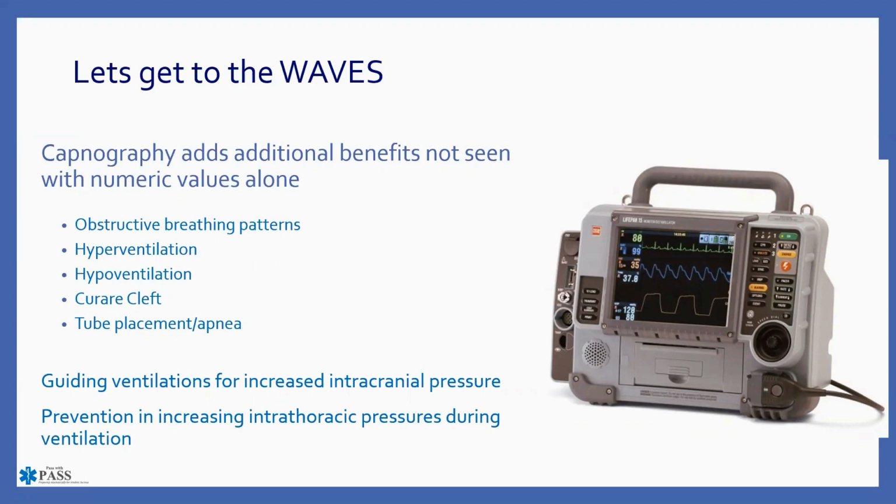It could be that the tube has become dislodged. So it all goes back to that mnemonic of DOPE, which is dislodged, obstructed, pneumothorax, or equipment malfunction. If you can remember DOPE, anytime that you're having an airway issue or compromise, hopefully you'll be able to kind of back up 20 and then punt.